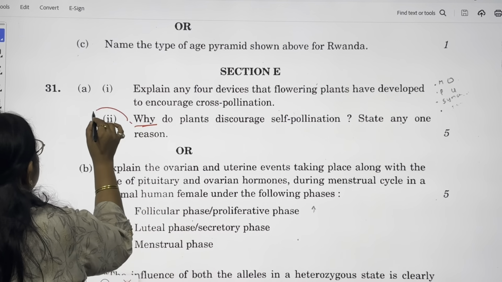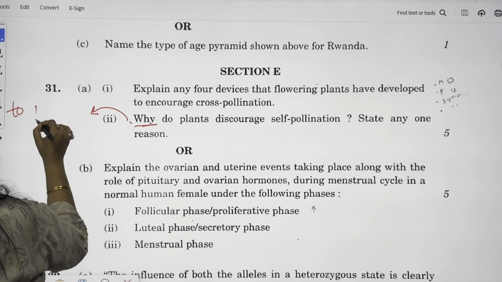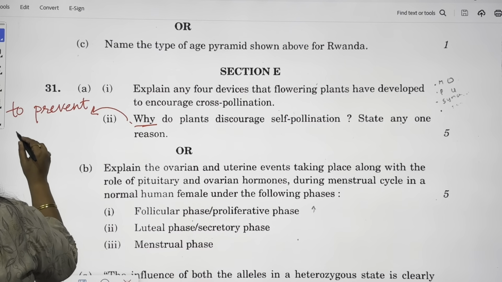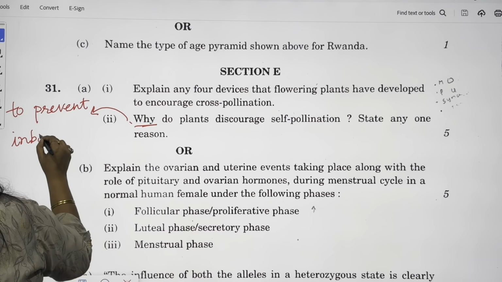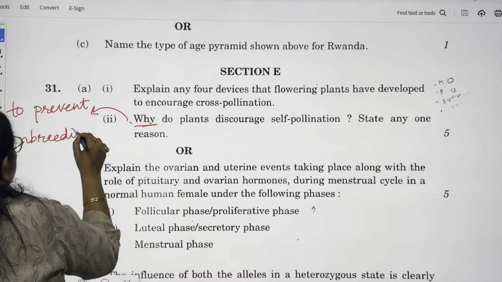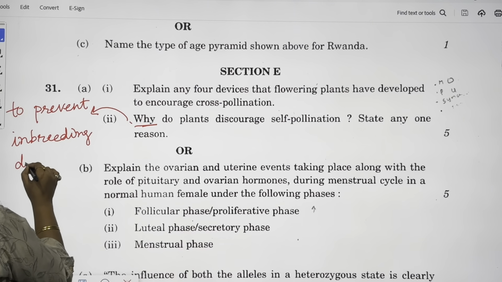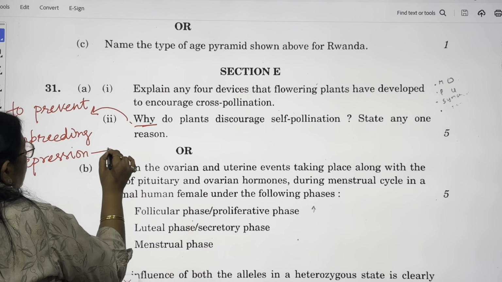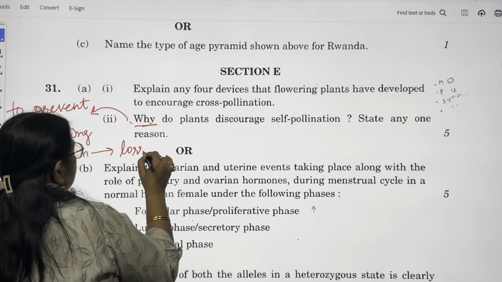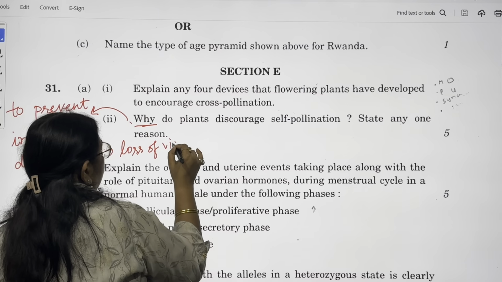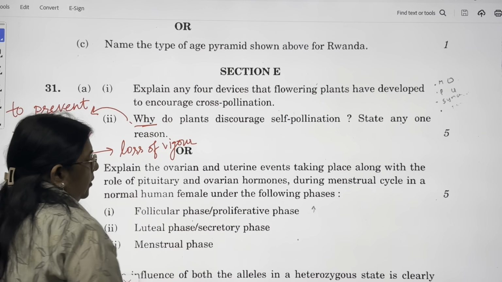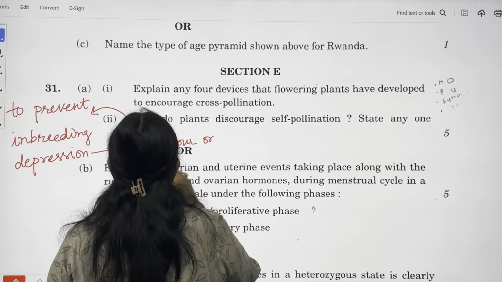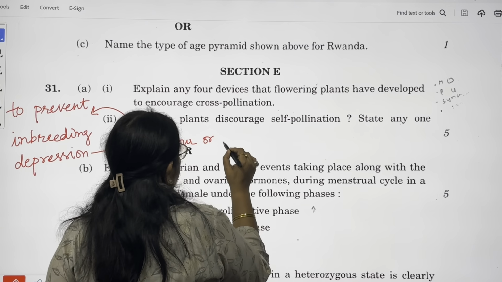To prevent inbreeding depression, which results in loss of vigor, or you can also write loss of variations.